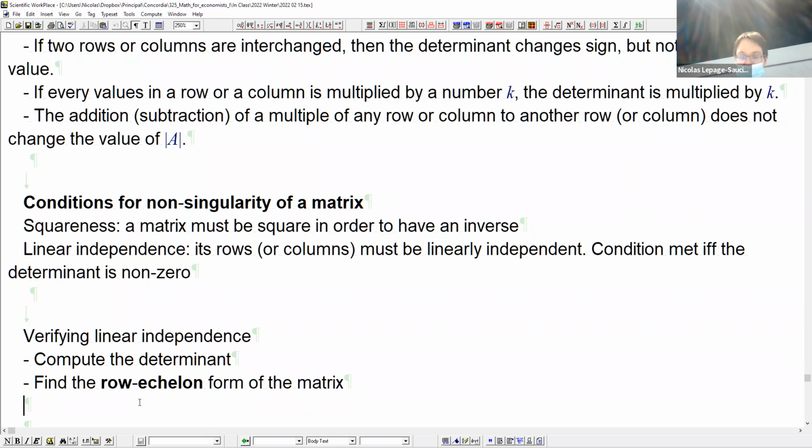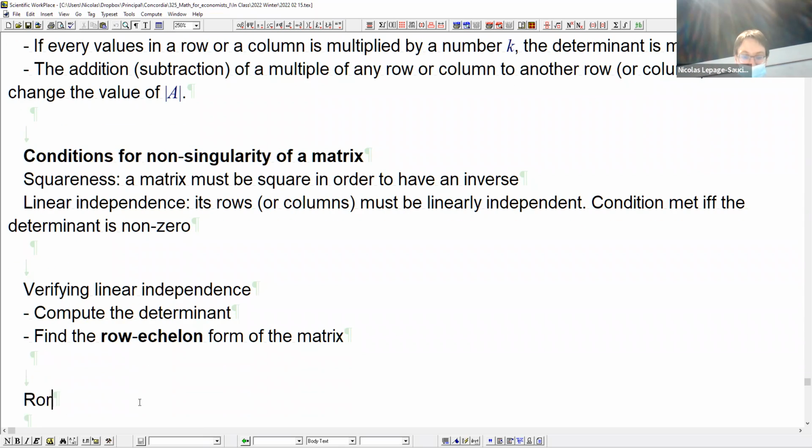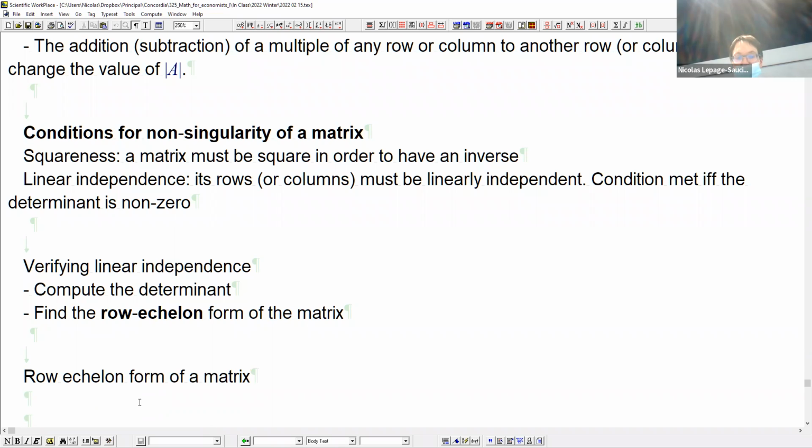Okay, so let's find the row echelon form. I'm going to tell you what you are allowed to do, and then we're going to do an example.